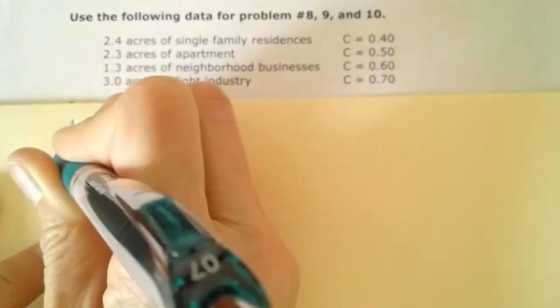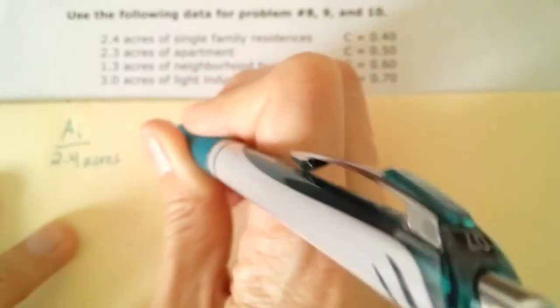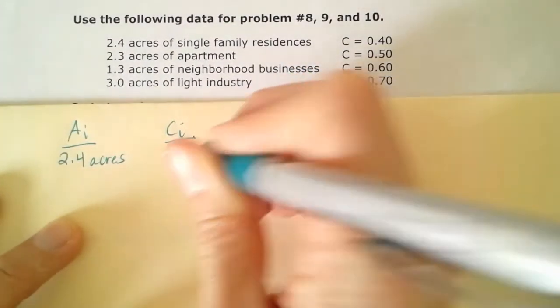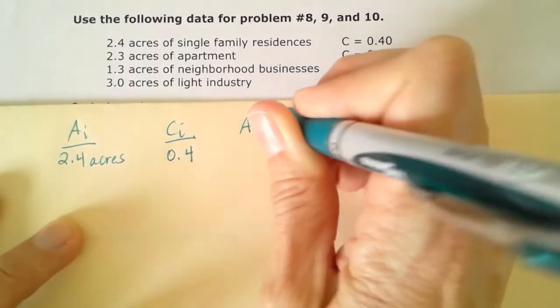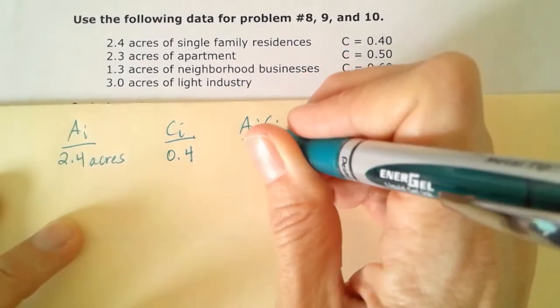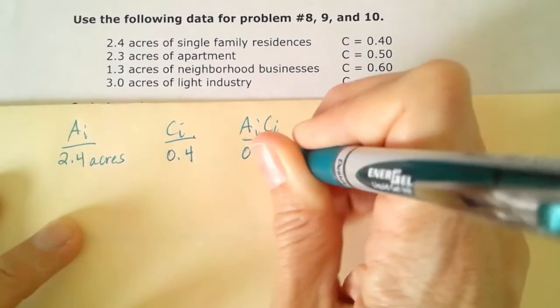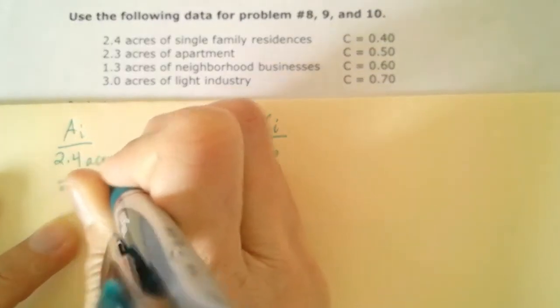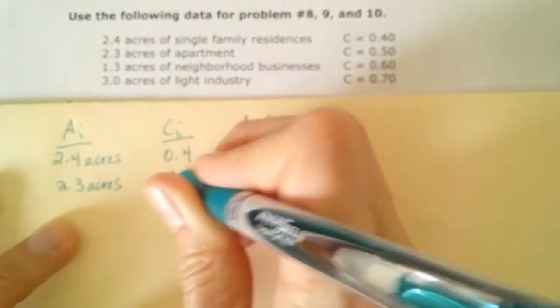So we've got 2.4 acres is our first, and it's got a coefficient of 0.4. And so then we'll take that area and multiply it by the coefficient, and we get 0.96 for that first one. And then we have 2.3 acres, and that's got a coefficient of 0.5.